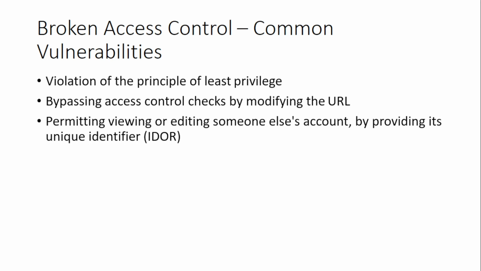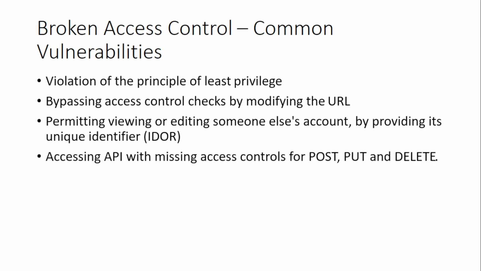That's talking about IDOR, we'll be looking at these just after. Accessing an API with missing access controls for POST, PUT, and DELETE. Doing an elevation of privileges, and many more.